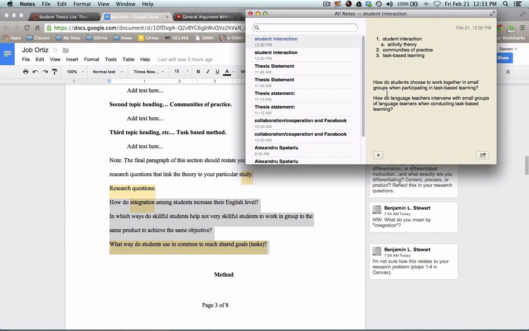It's not just a substitute teacher. It's a teacher that has a history with that particular group. So can she? Well, I think so. We can talk more specifically about the participants later, but as long as there's no influence, ideally we want to find teachers who normally do task-based learning.